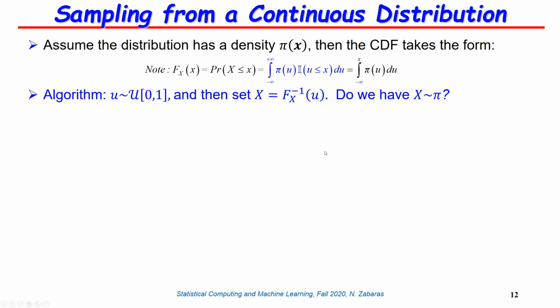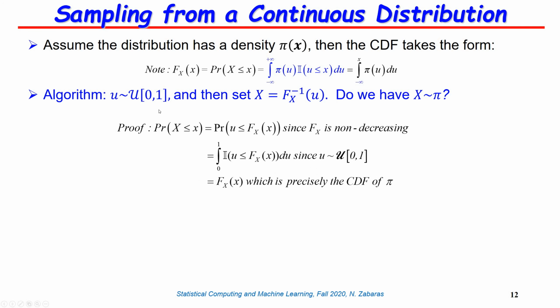Okay, so here is my algorithm. Literally a very simple one-line algorithm. Select u from a uniform random variable, you sample u, and then you compute the CDF inverse at the value u, and what it returns is a sample from the actual distribution pi. Now, to prove this, we have to prove that, according to this derivation, the probability of capital X being less or equal to little x is nothing else but the CDF of the distribution pi.